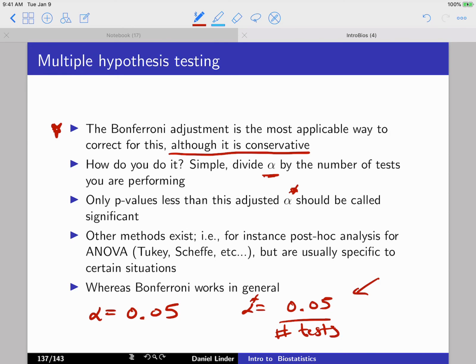You could do 10 chi-squareds, and then you could do, say, 10 t-tests. And if you did this Bonferroni adjustment, you would still be guaranteed an overall alpha rate of whatever your desired rate would be. It doesn't matter what the individual tests are. That's why I have this bullet here: the Bonferroni correction works in general.